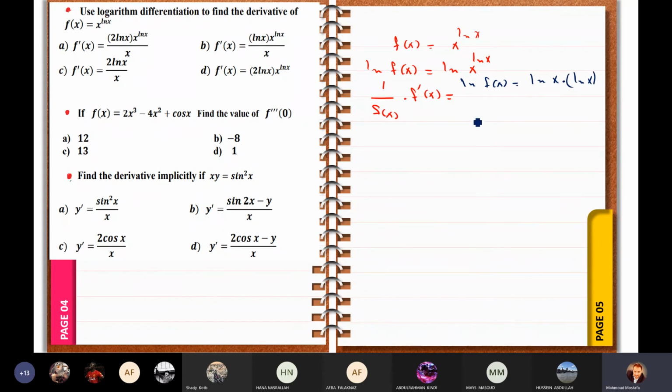Here, as we have u multiplied by v, it will be u prime, 1 over x, multiplied by ln x, plus v prime, 1 over x, multiplied by ln x. So it is 2 over x times ln x.